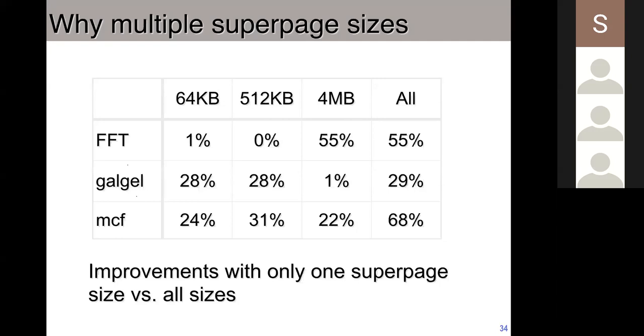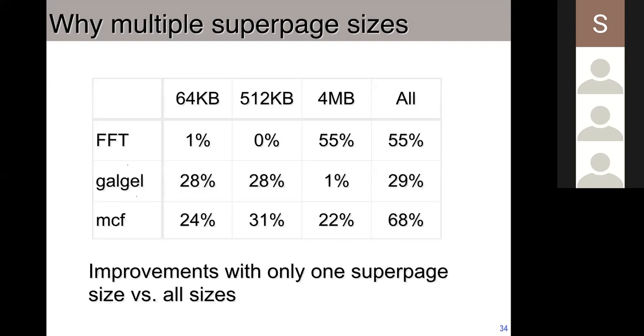It's a lot of changes to the core memory management operations of the OS, right? And is it worth all the trouble? Maybe I could have just used a large superpage size for everything, not have to change any of this OS stuff, and I could still get some improvement, right? Then I don't need your system, right? So they measured that also.